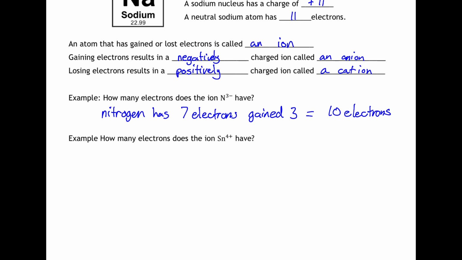How many electrons does the Sn4 plus ion have? First, we've got to figure out what element is Sn. It's tin. What number is tin? Tin is number 50. So 50 electrons.